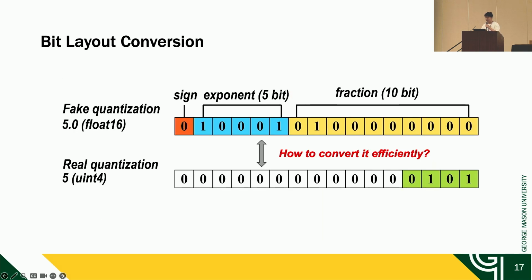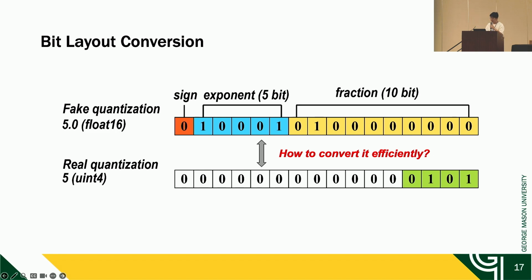First, let's say the quantized value is 5 and is supposed to be stored as UINT4. In existing dynamic quantization methods, this is just fake quantization. The value still ends up in float16. What we want to do is to store it in real UINT4. But that leads to a problem, which is how to convert the data types efficiently.